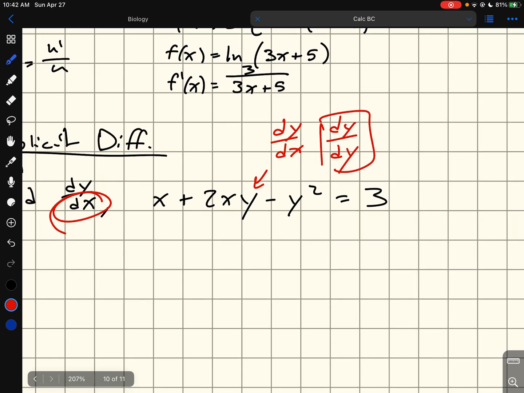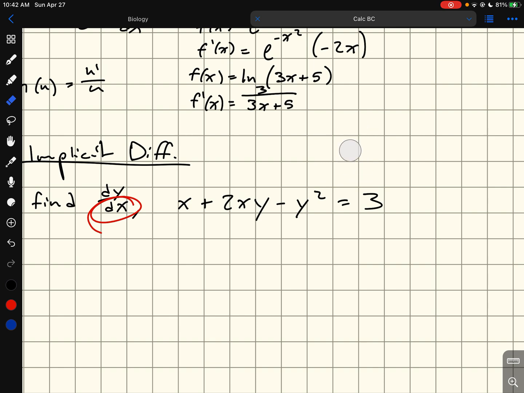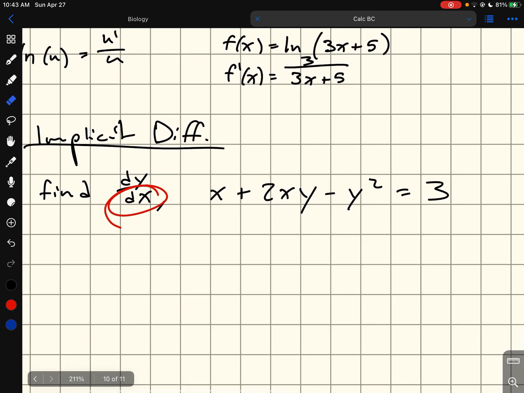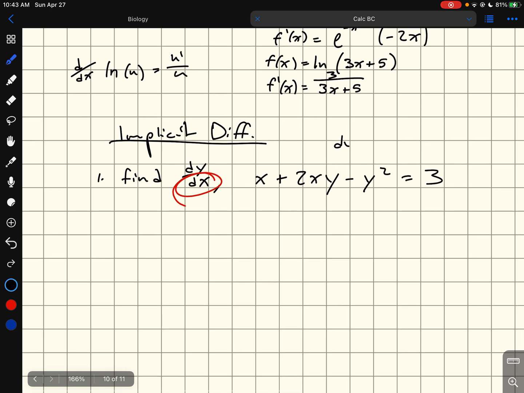But we're not taking it with respect to y, we're taking it with respect to x. So whenever you take the derivative of y with implicit differentiation, you have to write dy dx after all the y's you take the derivative of.